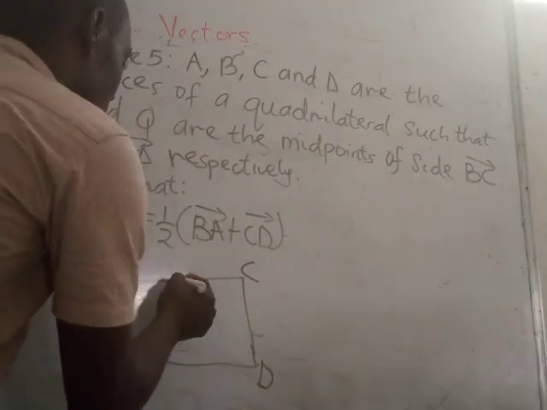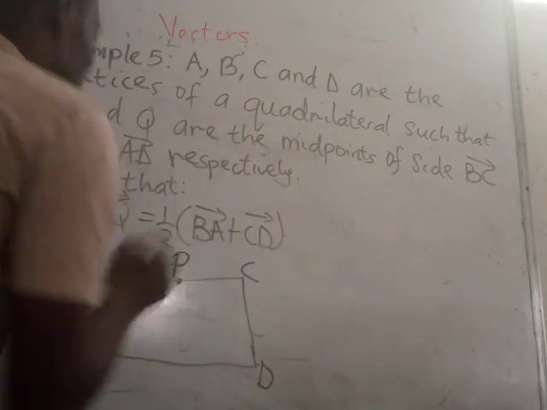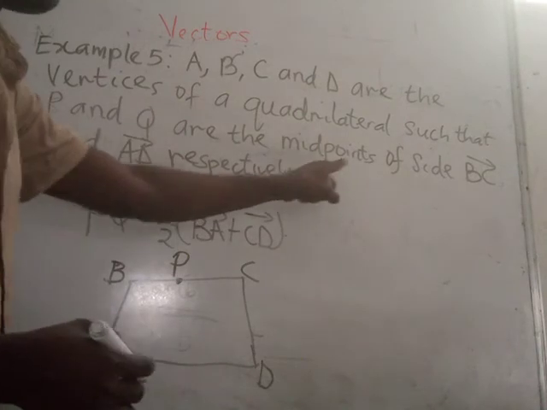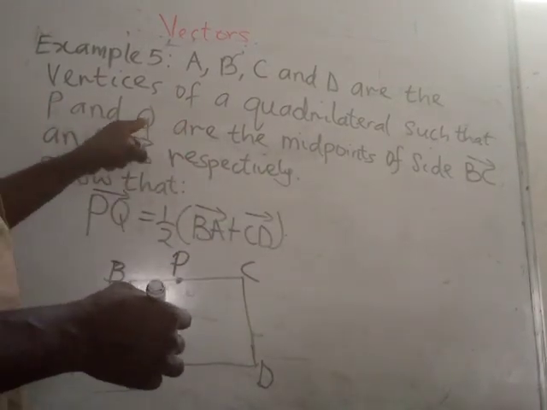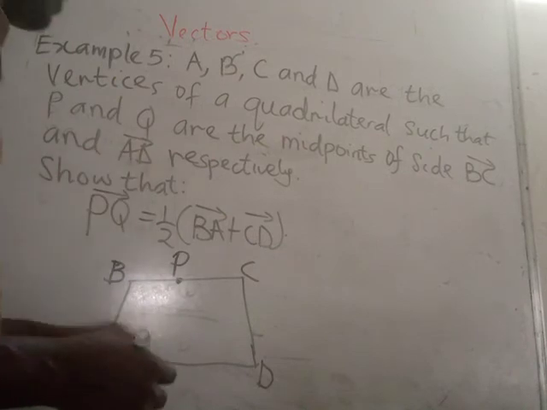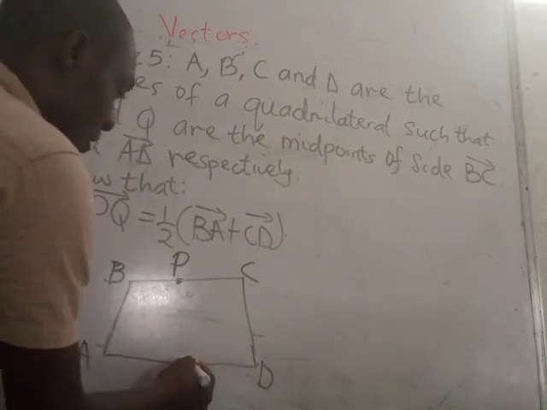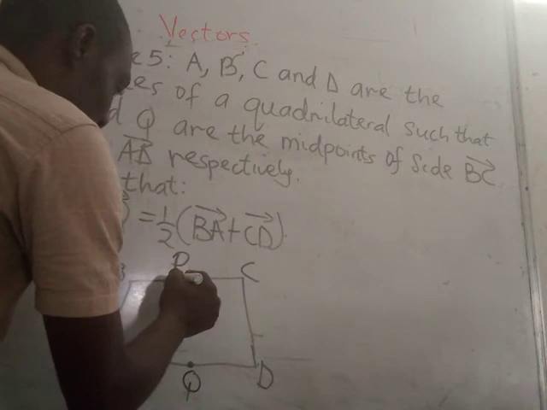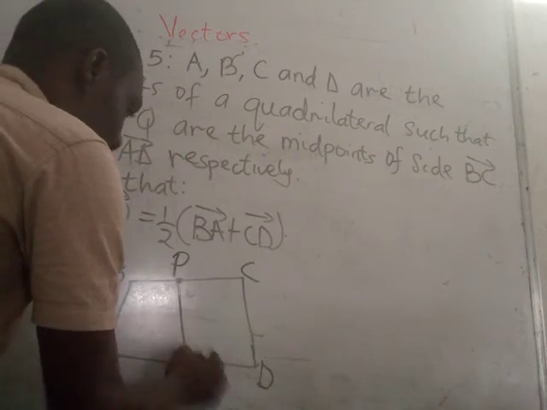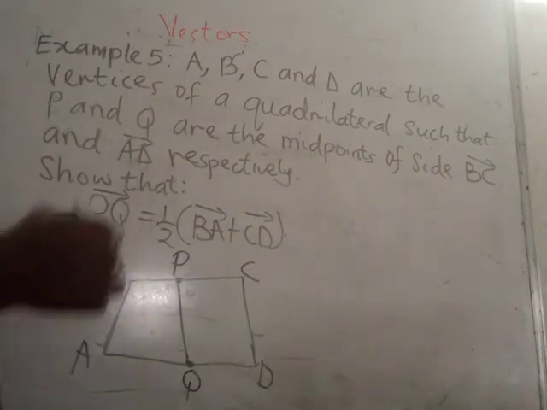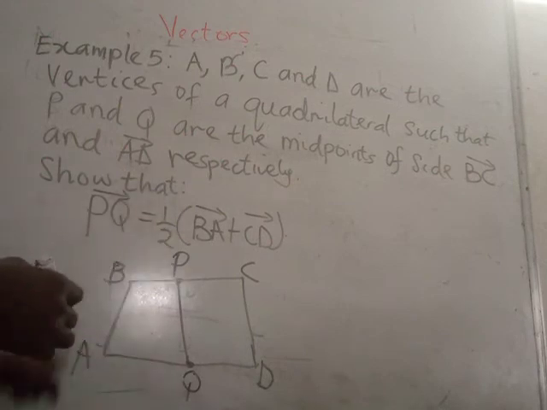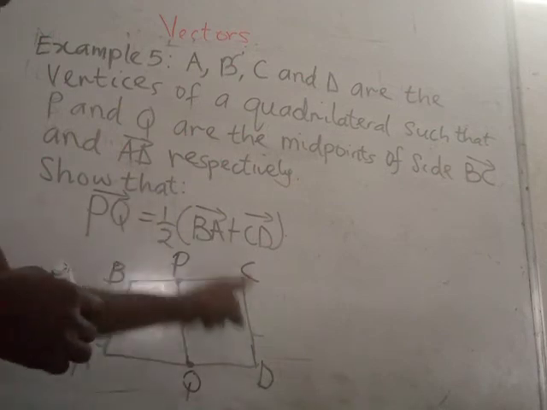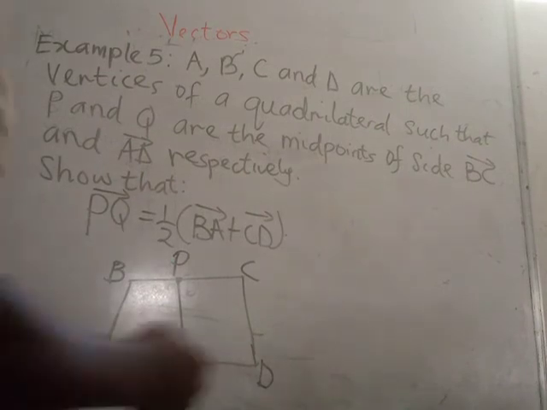P is the midpoint of BC and Q is the midpoint of side AD. So let's find the line joining them. This is the line joining them. We have to show that this line PQ is going to have BA plus CD. So we can do this.